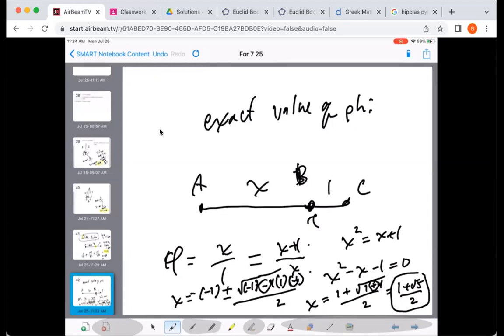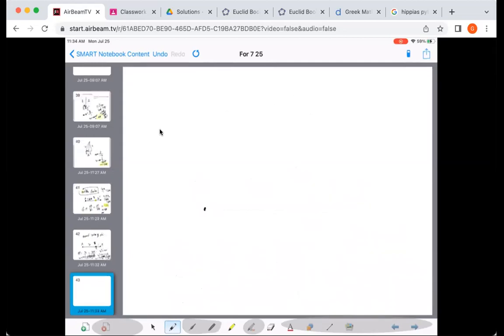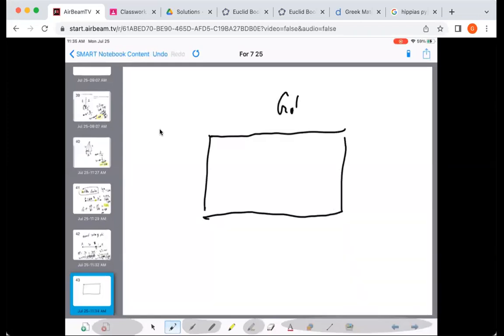So Grant mentions that there's something called the golden rectangle. A golden rectangle has the ratio of the base to the height equal to the golden ratio, so it's called the golden rectangle.